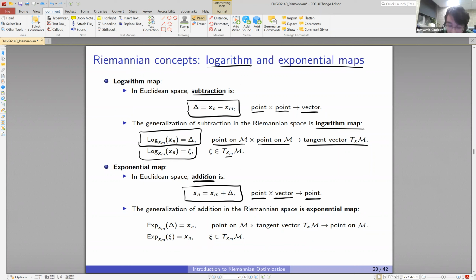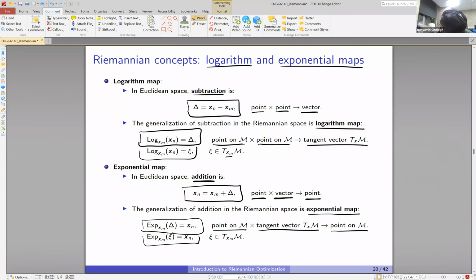So I can generalize this addition to become the exponential map in the Riemannian geometry. And what is that? You take a point on the manifold M and a tangent vector in the tangent space, and it gives us a point on the manifold. We denote it by this, the exponential map of delta at the point xm. It gives us xn.